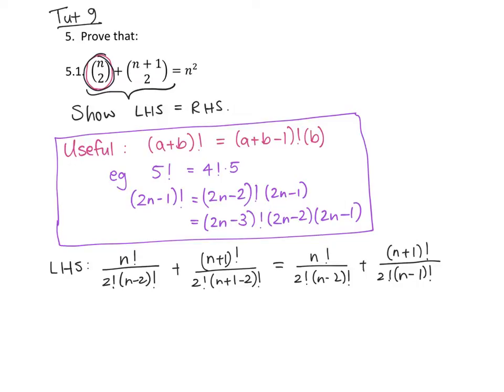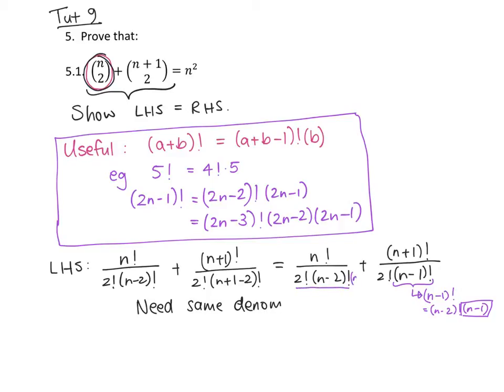In order to do anything with this, I need my two fractions to have the same denominator. Using what we had in our useful hint, we know that n minus 1 factorial is really the same as n minus 2 factorial times n minus 1. So I need an n minus 1 in my first term over here.